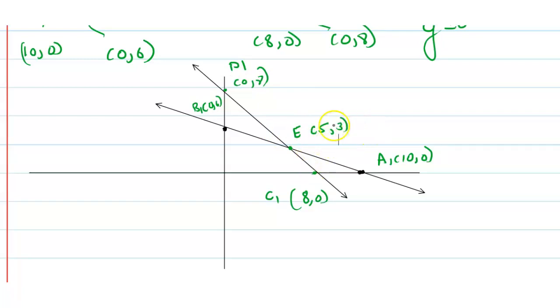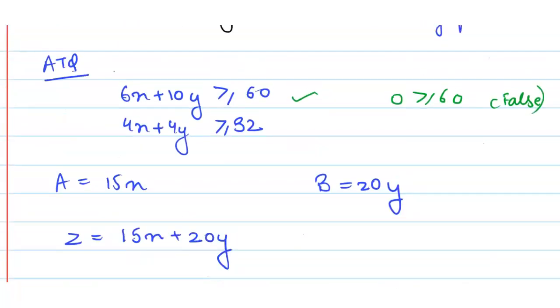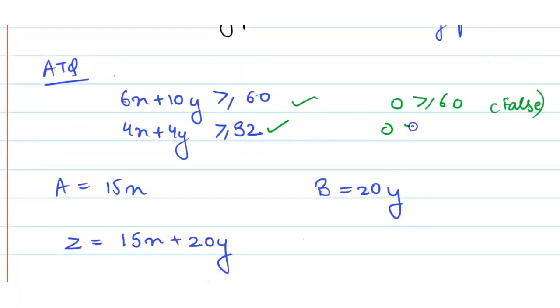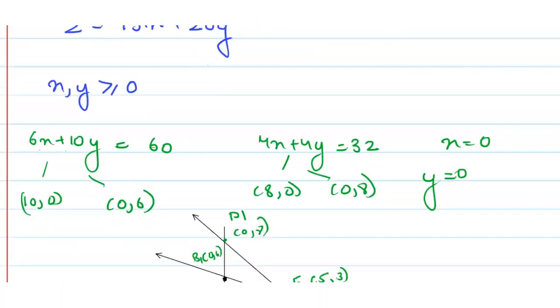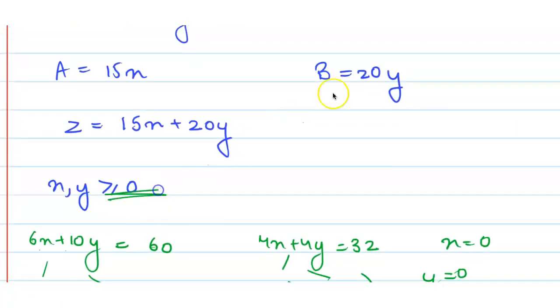So now, in this inequality, if I put 0 here, is 0 greater than or equal to 32? Again, this will be false here. Since every point in the first quadrant satisfies these inequalities, the first quadrant is the region represented by these inequalities.